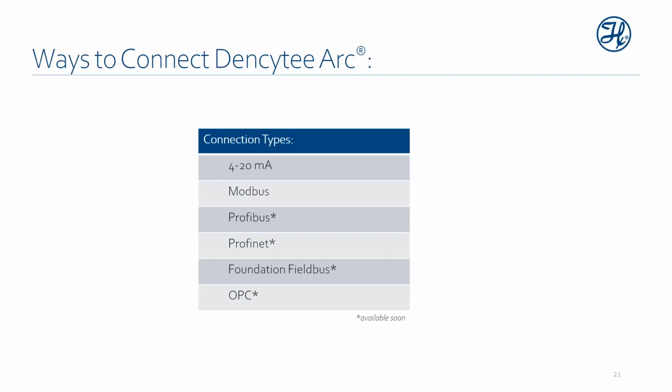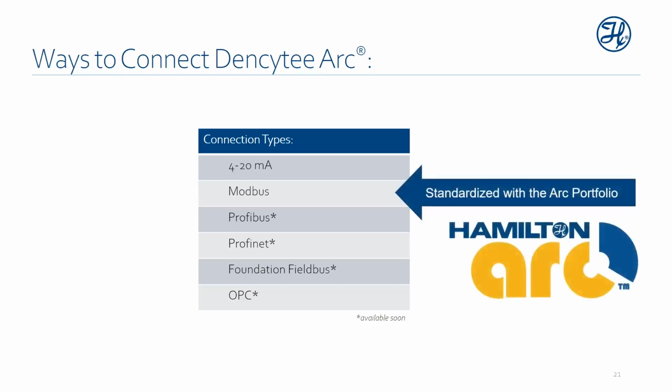We have the ability to convert the Modbus digital signal to a 4 to 20 milliamp analog signal input if desired, as well as convert to other digital communication protocols such as Profibus, Profinet, Foundation Fieldbus, and OPC UA configuration. And so these systems we already have for all our other ARC sensors. And so this really does fall in line with the Hamilton standardized ARC portfolio in terms of what the outputs are and what information can pass through.